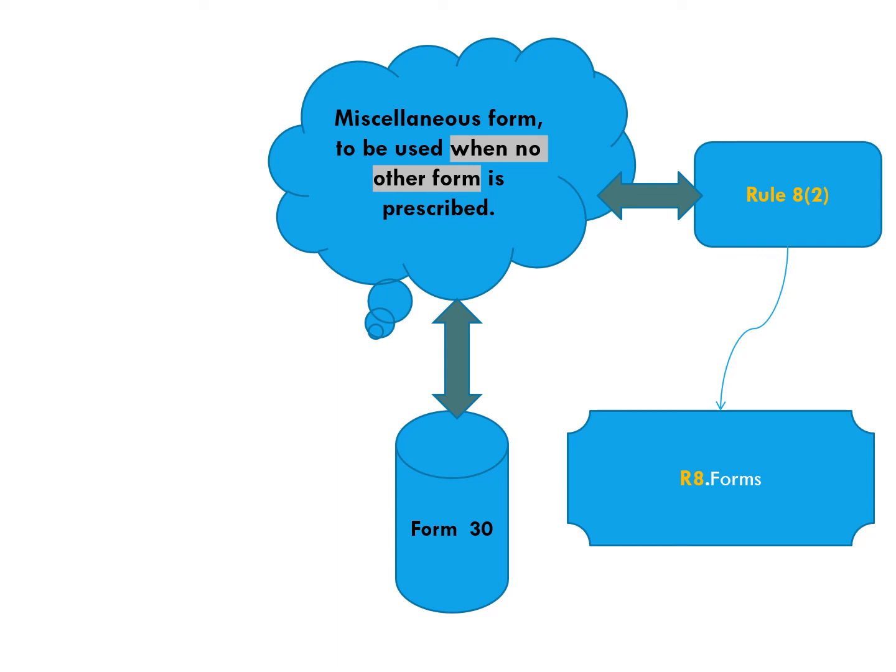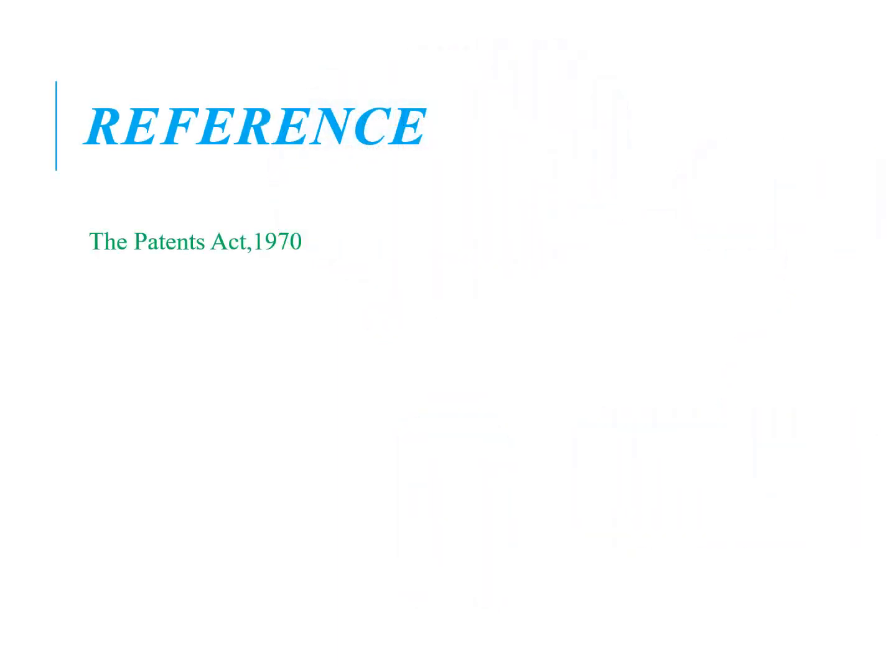Form 30 forms. We can just remember like this. Form 30 forms. So Form 30, Rule 8, keyword is when no other form is prescribed. The reference is the Patent Act 1970.